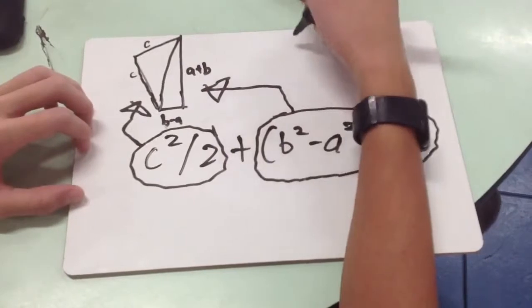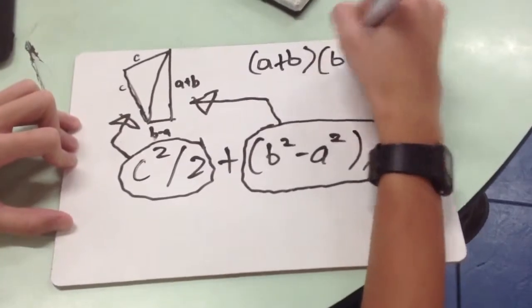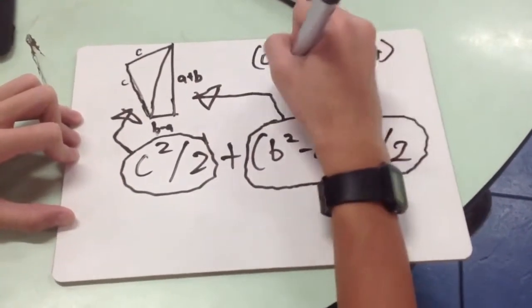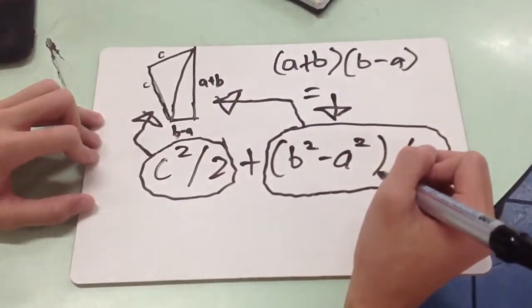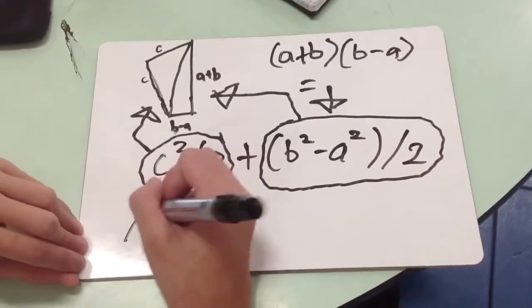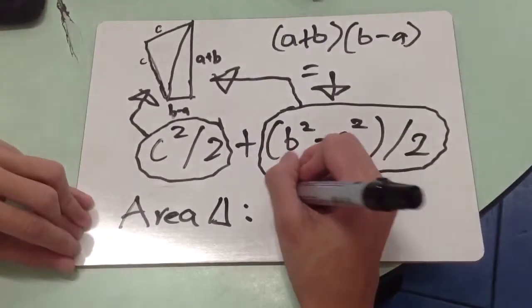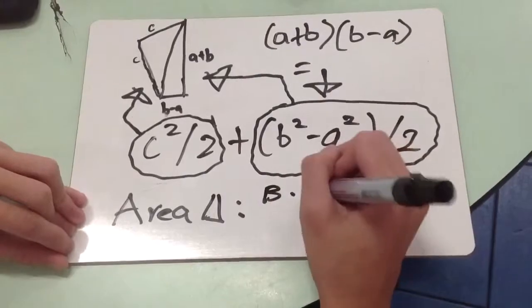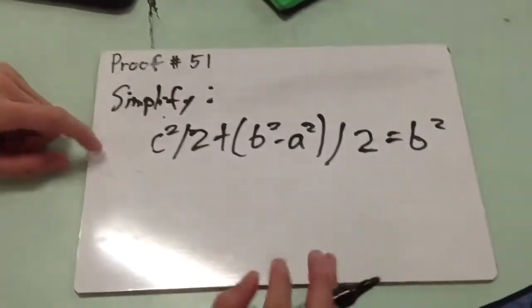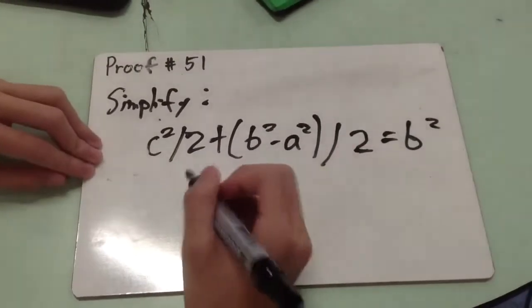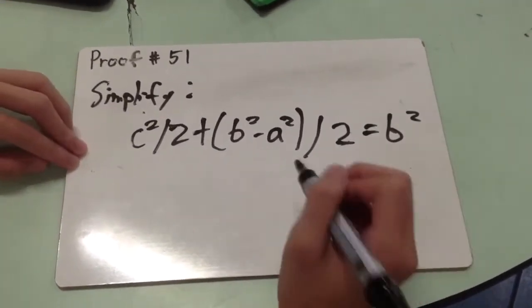We need to recall that a plus b times b minus a would equal b squared minus a squared. We also need to recall that to get the area of a triangle, it is base times height divided by 2. Now that we have established that b squared is equal to c squared over 2 plus b squared minus a squared over 2, we now simplify.